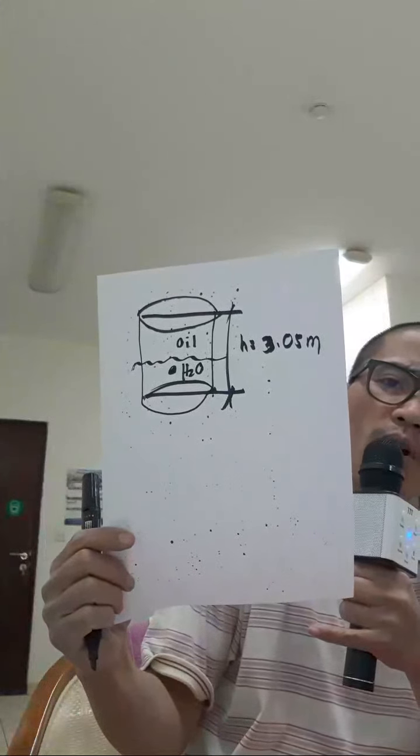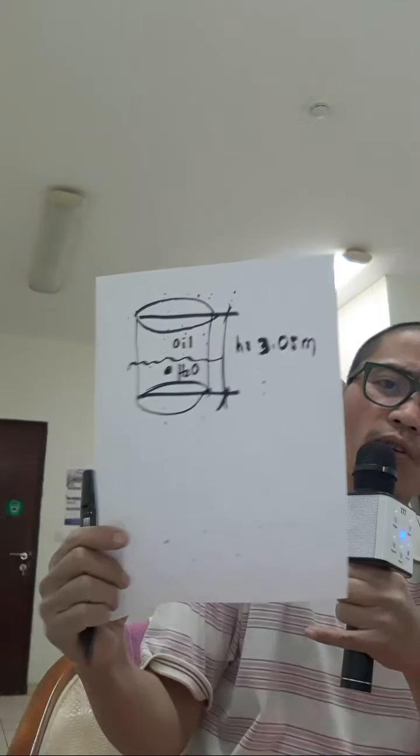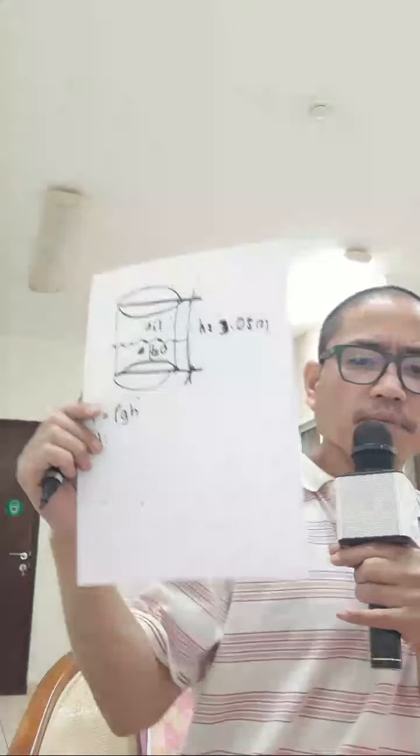So we need to take into account the hydrostatic pressure formula, or the head formula of pressure. So pressure is equal to density times gravity times the elevation. So let's consider first the oil.